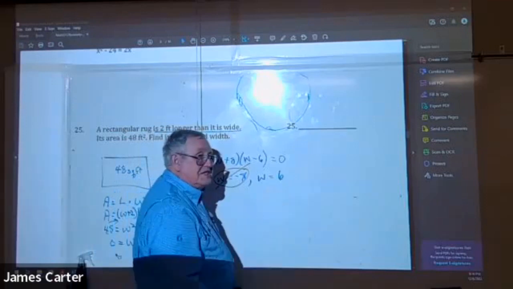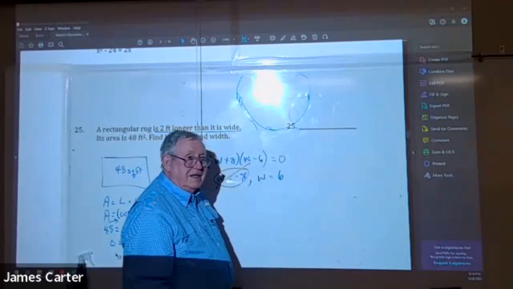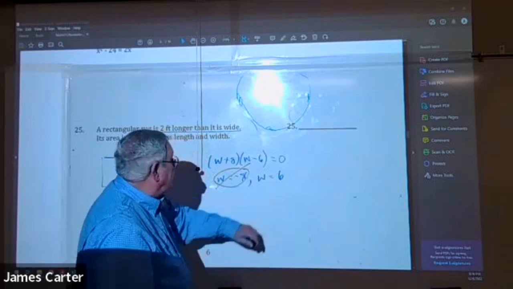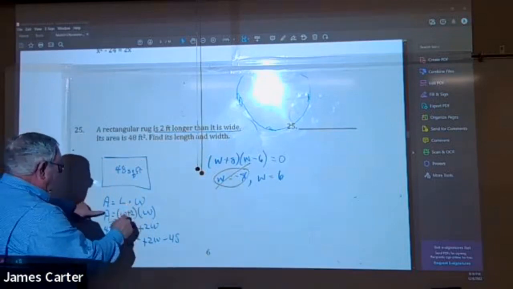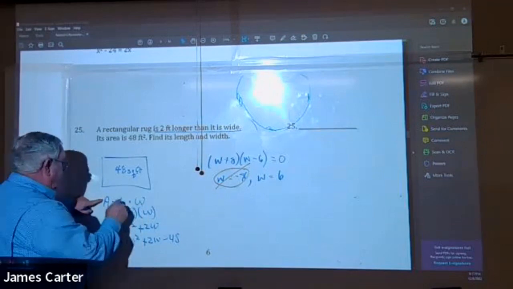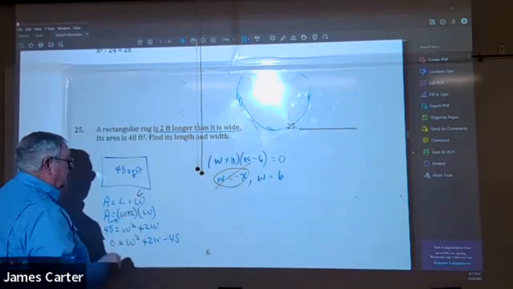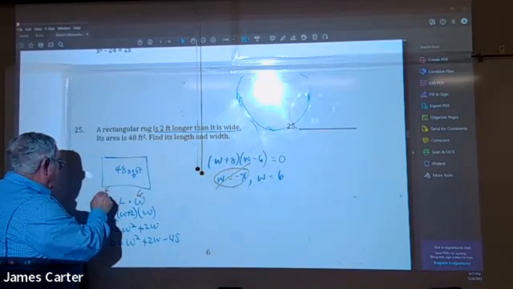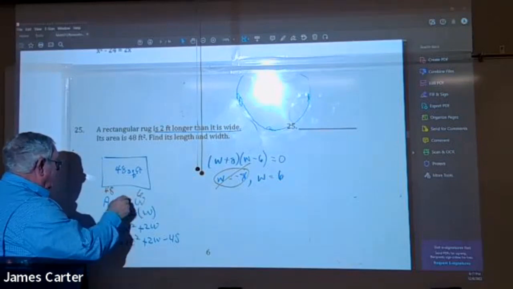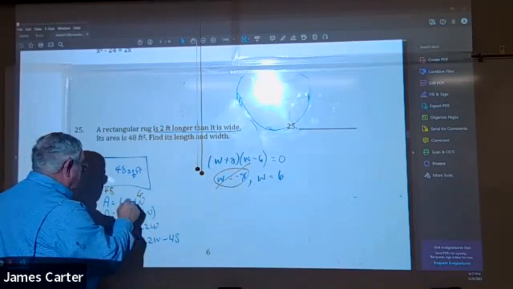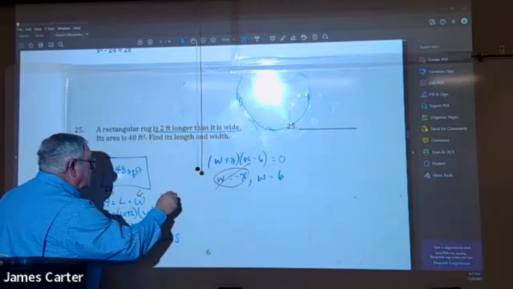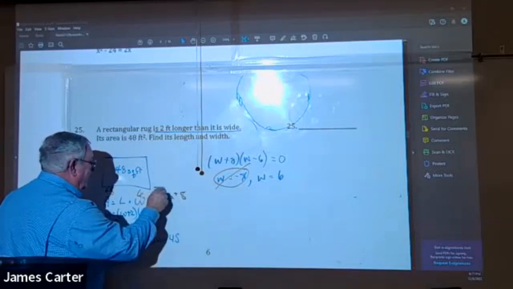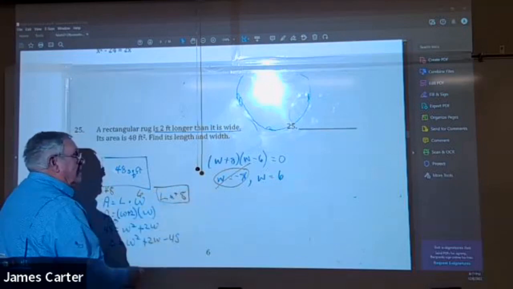So the width is 6. Now, given that this width is 6, we go back to our original formula here, plug in the 6 here, the 48 here, and it equals L equals positive 8. With 6.